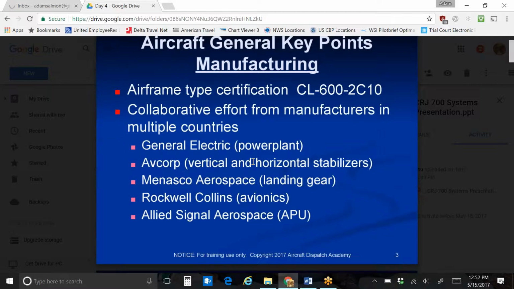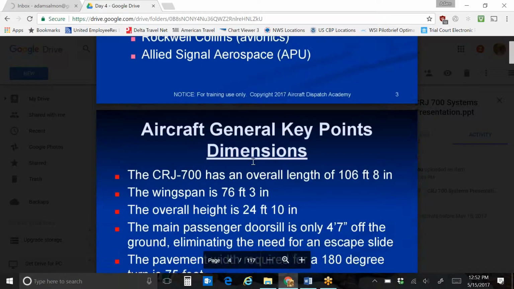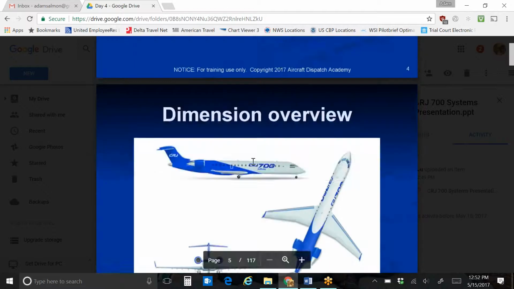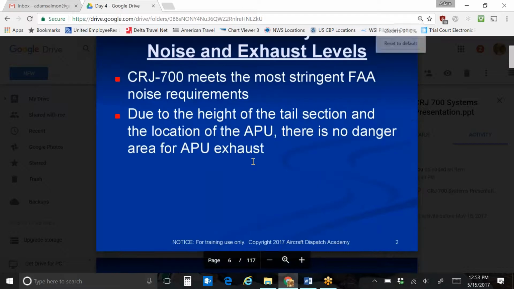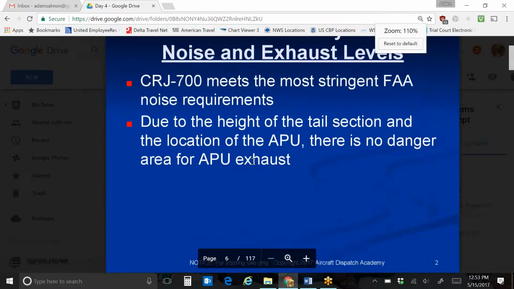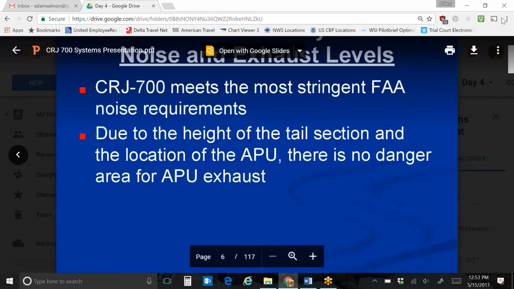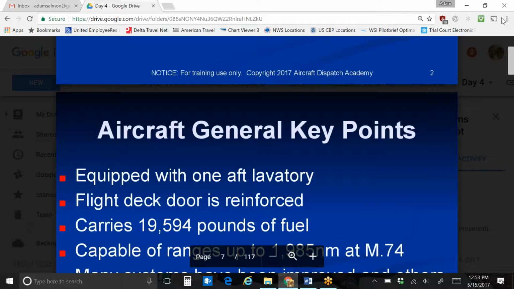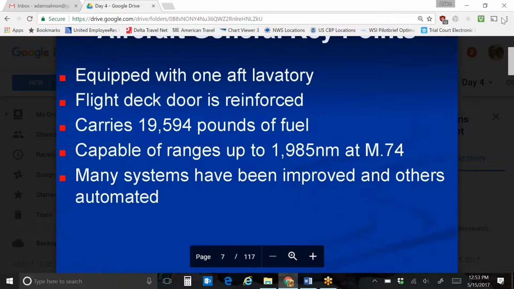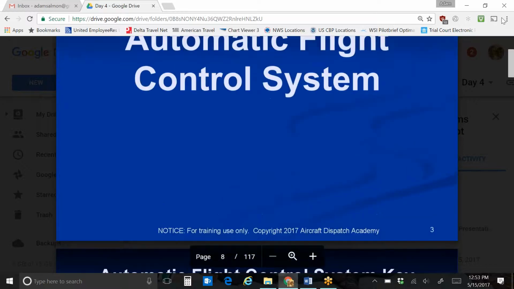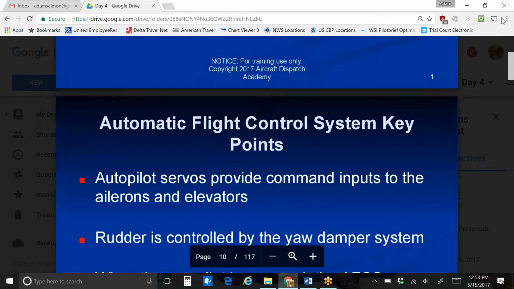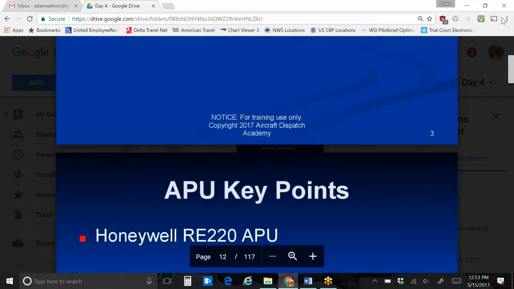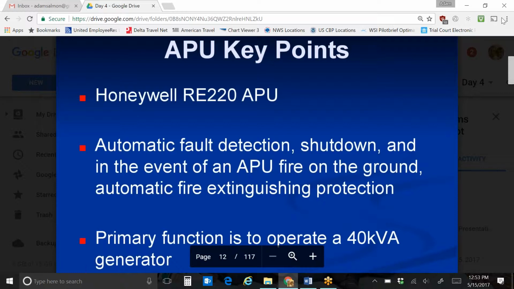This aircraft general key points, all this stuff we already went over on Saturday. We already went over the automatic flight control system, so you can skip through that. We went over the APU.